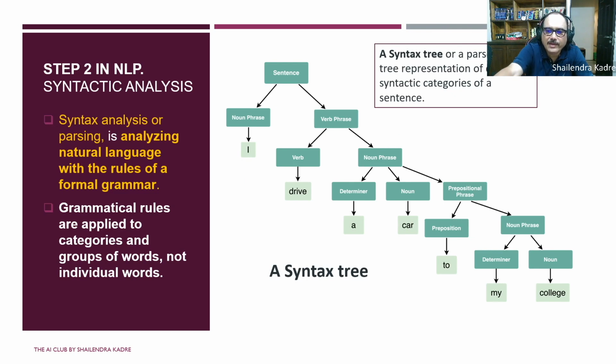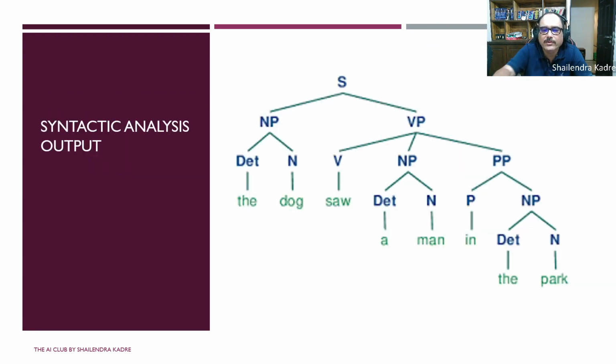This is the same kind of thing. The same tree is there. This tree and this tree are the same, but this is just in a proper format for you to understand. N is written now, but what will your computer give? The computer will give it in this format: D, T, N, V, NP. NP means noun phrase. PP means prepositional phrase. VP means verb phrase. S is the sentence. So like that it will give.